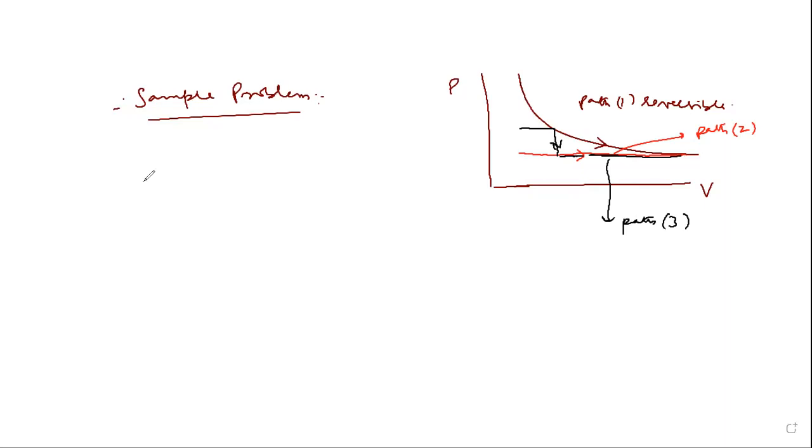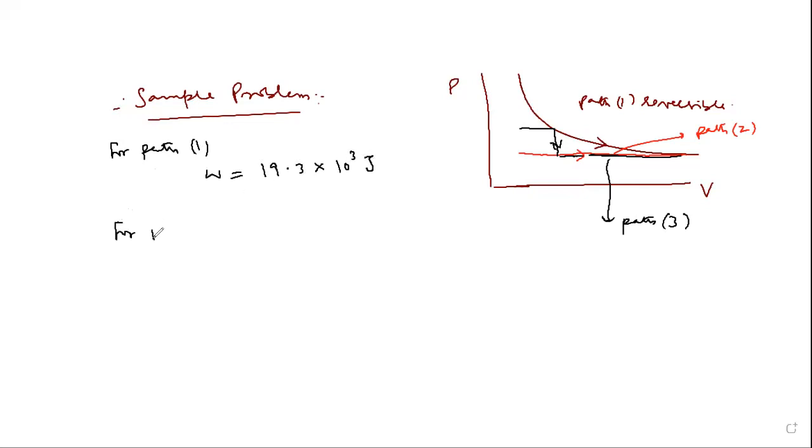And we solved for the values of work. Value for work for path 1, W was 19.3 into 10 raised power 3 joule.